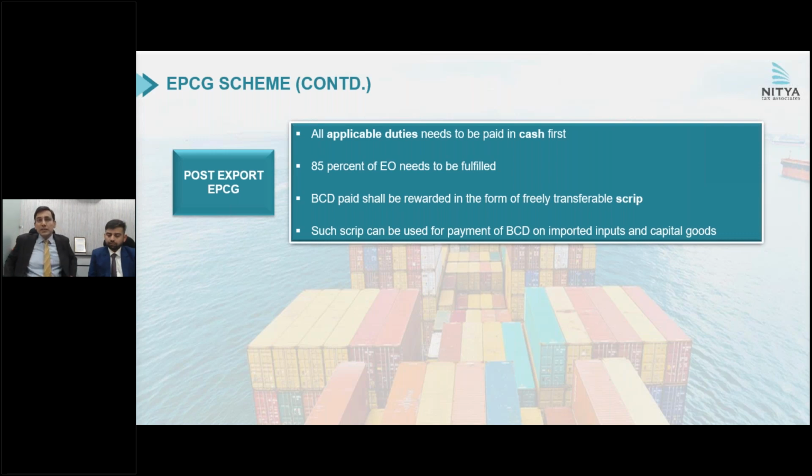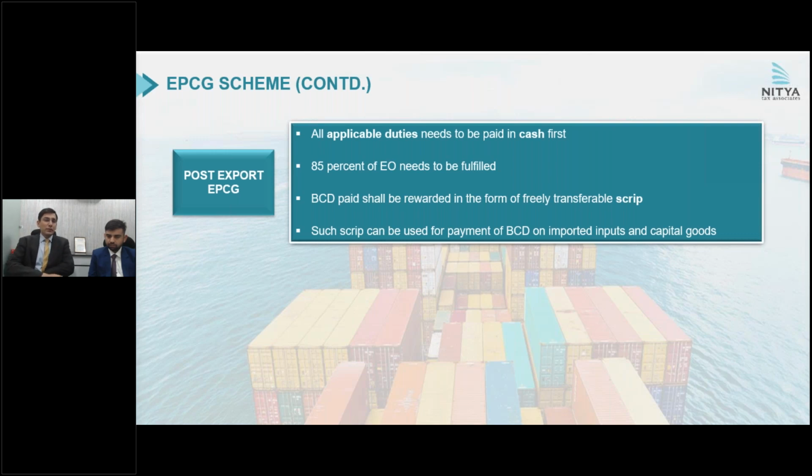In post-export EPCG, you pay custom duties just like a normal importer. There is no export obligation sword hanging over your head. To the extent you are able to make the exports, on a pro rata basis, you will get the benefit.